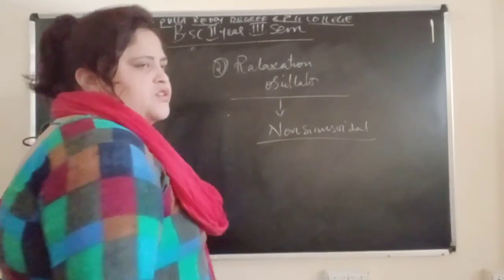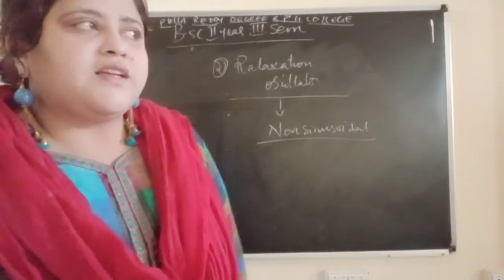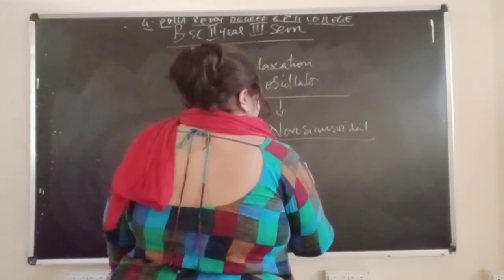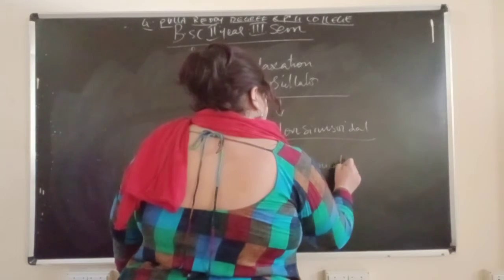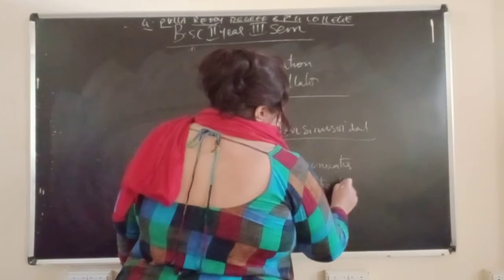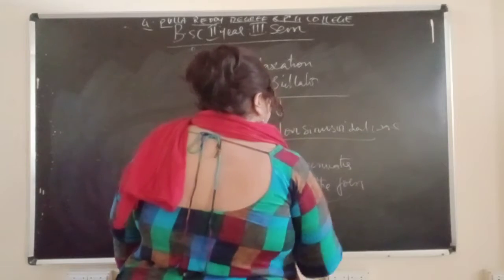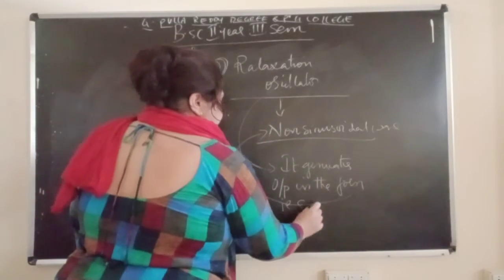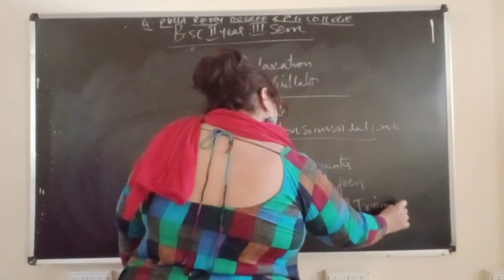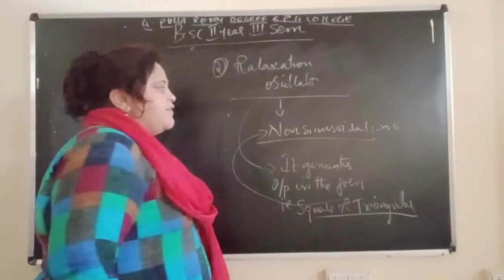Okay. Relaxation oscillators are also known as non-sinusoidal oscillators. What will these non-sinusoidal or relaxation oscillators do? They will generate the output in the form of a non-sinusoidal waveform, that is, a square wave or triangular wave.